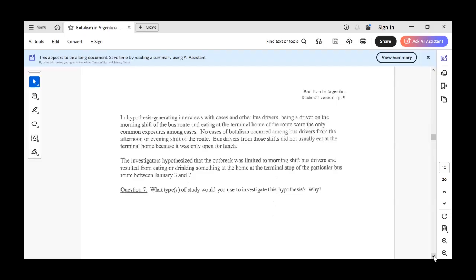Being a driver on the morning shift of the bus route and eating at the terminal home of the route were the only common exposures among cases. No cases of botulism occurred among bus drivers from the afternoon or evening shift of the route. Bus drivers from those shifts did not usually eat at the terminal home because it was only open for lunch. The investigators hypothesized that the outbreak was limited to morning shift bus drivers and resulted from eating or drinking something at the home at the terminal stop of the particular bus route between January 3rd and 7th.